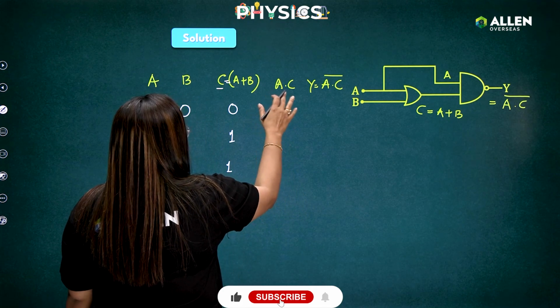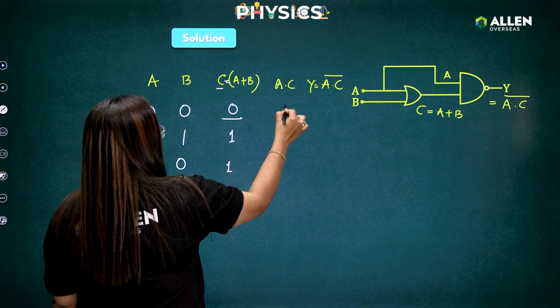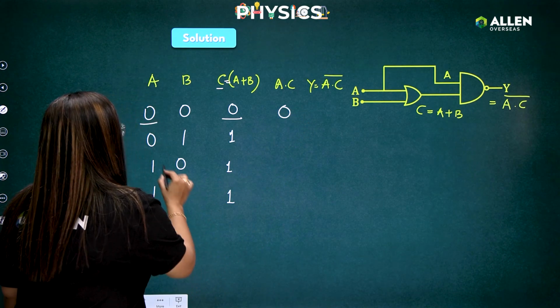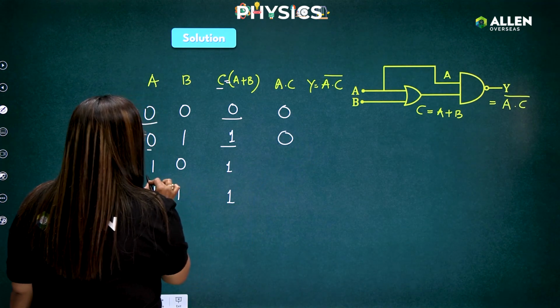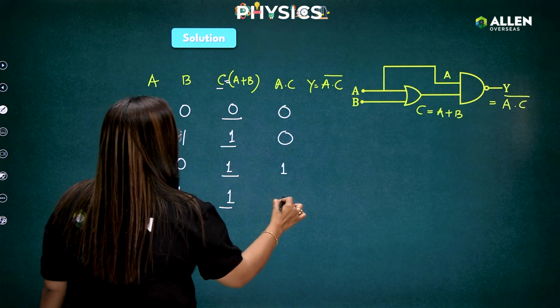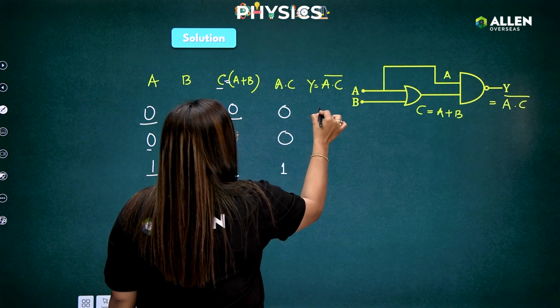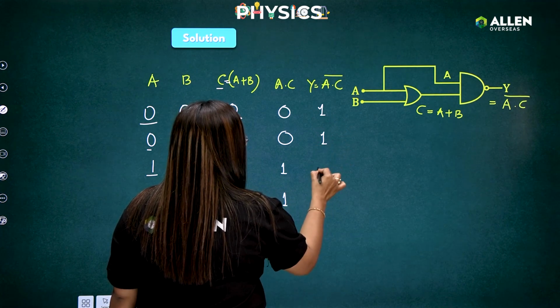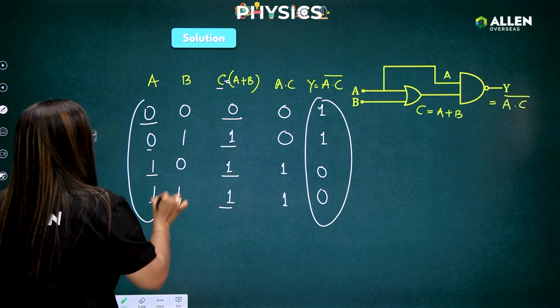So A dot C: A is 0 and C is 0, so 0. 0 and 1 is going to give us 0. 1 dot 1 will be 1 and 1 dot 1 will be 1. Now you have to NOT it, that means reverse the values that we got. So here it is 1, 1, 0, 0.